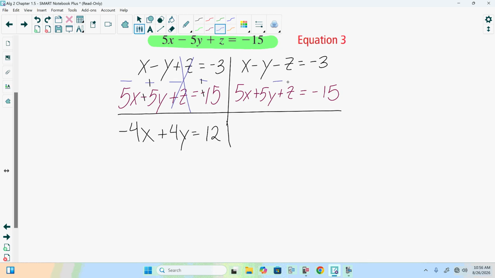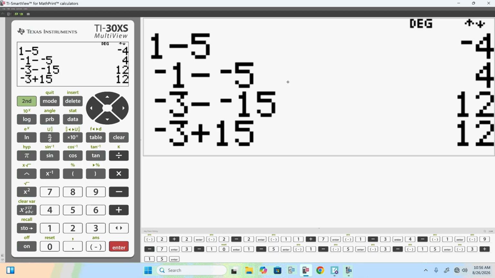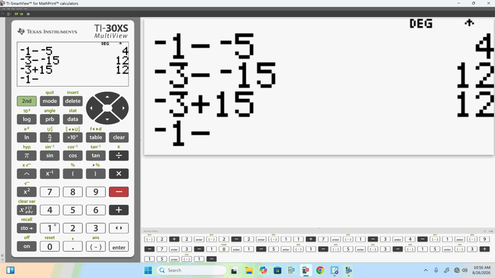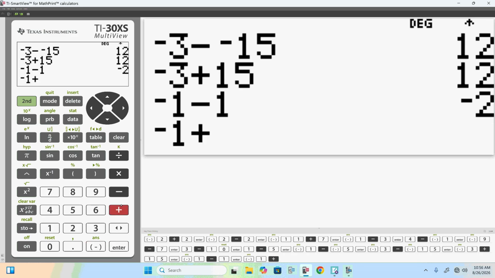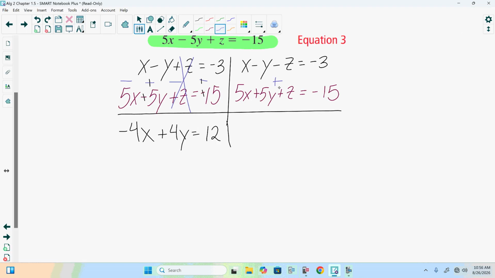So negative z minus z, negative 1 minus 1 would be negative 2. Negative 1 plus 1 is 0. Just because we subtract on one of the equations doesn't mean we're going to have to do it on all of them. That's why we're checking it each time.